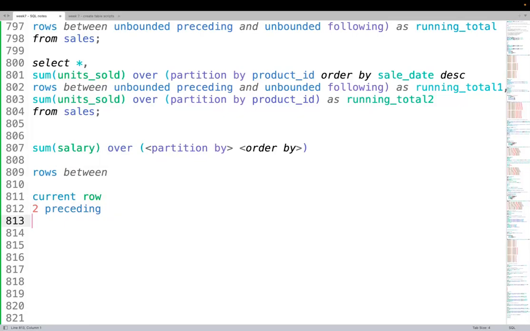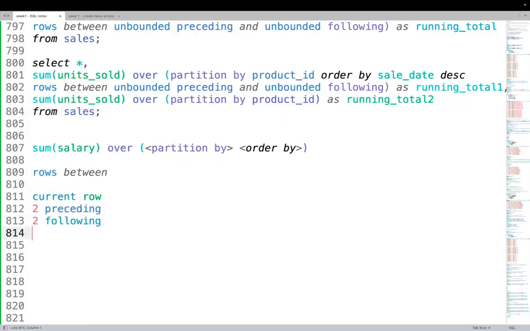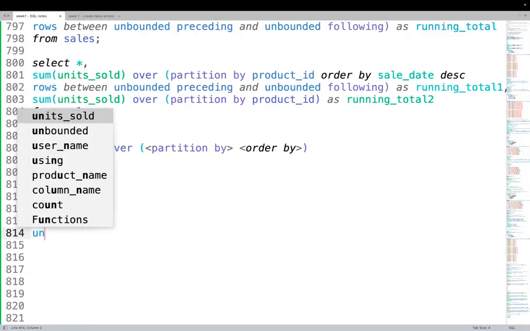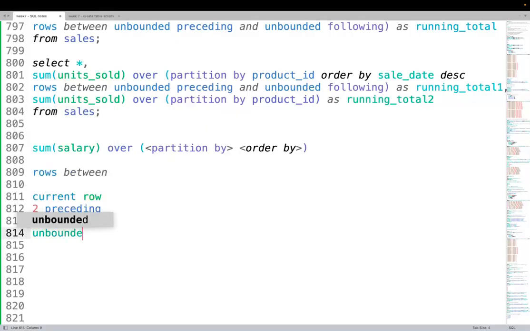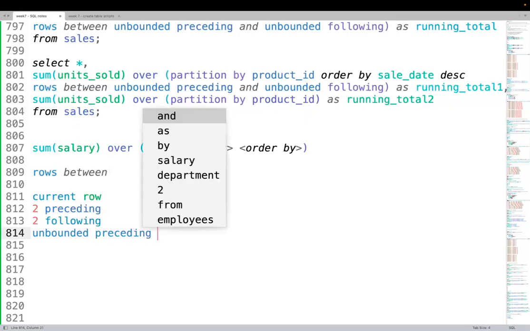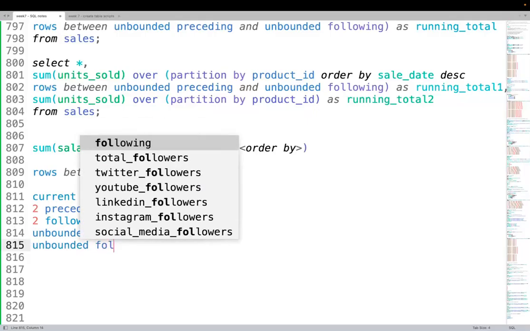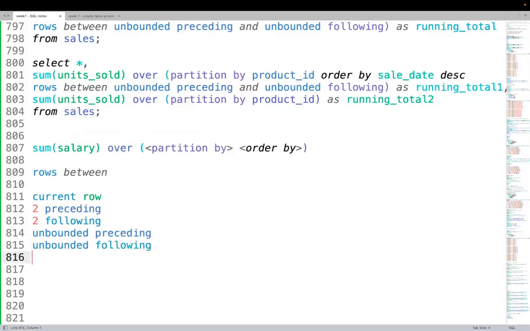Two preceding means two previous rows. Two following means next 2 rows, right? Current row means the current row, and unbounded preceding means the first row, and unbounded following means the last row, right? So that's how this works, and if you understand this, things should become very very easy.